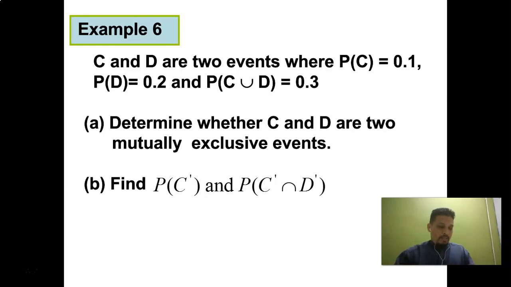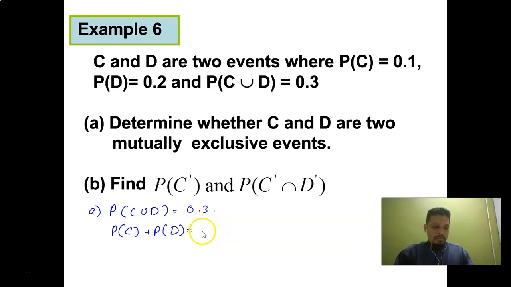Okay, so then for question A, given that probability of C union D equal to 0.3, and probability of C plus probability of D equal to 0.1 plus 0.2, which is equal to 0.3.